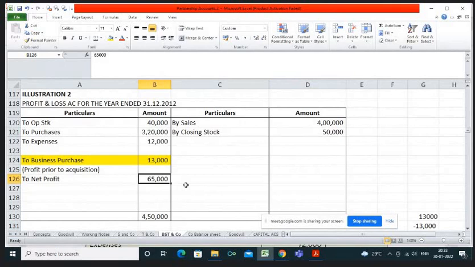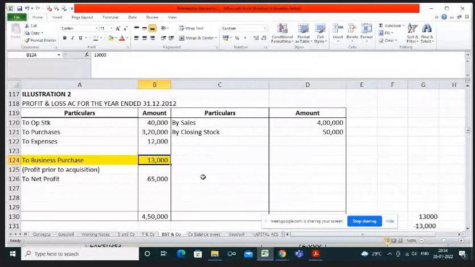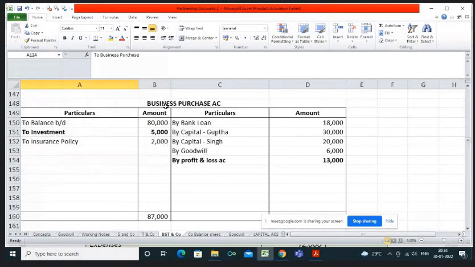So we would have straight away got a profit of 65,000. Since they included the prior 3 months portion also, that's why we had to ascertain the net assets between 1/1 and 31/3 and find out this 13,000, which is a pre-acquisition profit. So these additional steps were required. This is an additional step, and this is an additional step now.